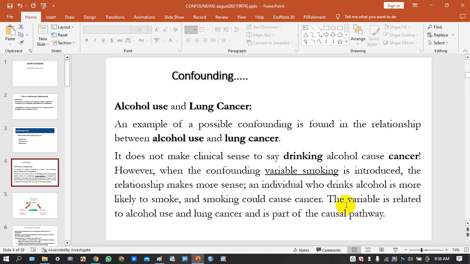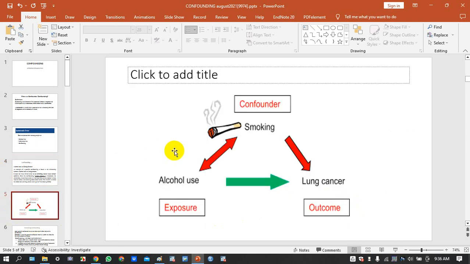The variable is related to alcohol use and lung cancer, and is part of the causal pathway. So if you have cigarette here, and we have exposure, which is alcohol use, the risk factor, and the disease, which is the outcome, lung cancer. Whenever you see outcome, it is a disease; whenever you see exposure, it is the risk factor; and whenever you see confounder, that's the gossip or the girlfriend.